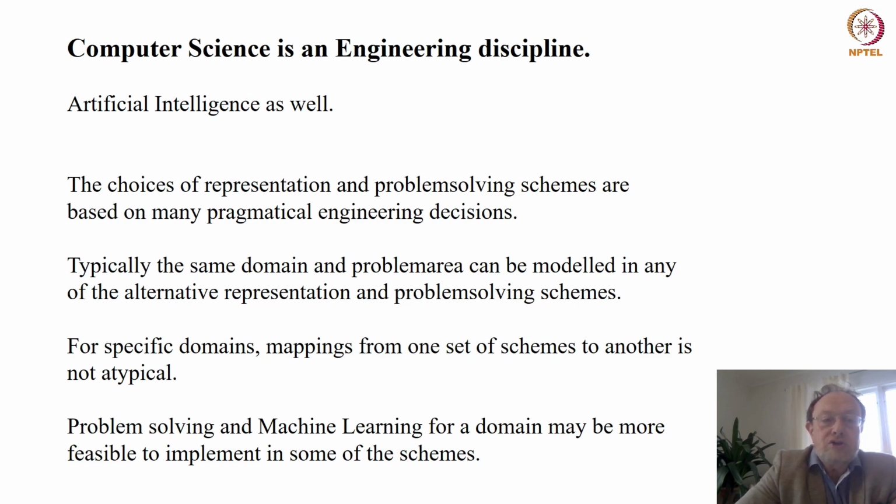So actually the choices of representation and problem solving schemes are and should be based on many pragmatical engineering decisions. And of course, the same domain and problem can be modeled in any of the alternative representation and problem schemes, theoretically. Not necessarily is it as convenient to do it in all these forms, but it could be done.